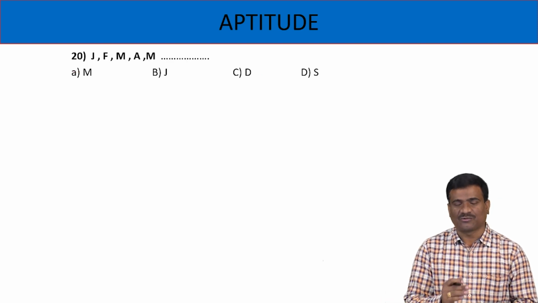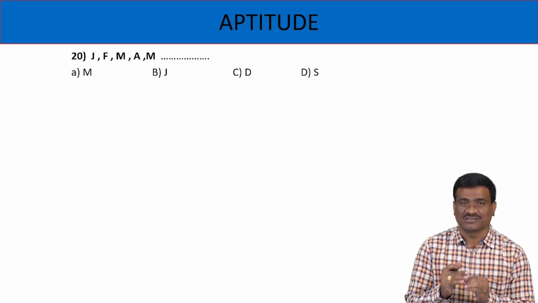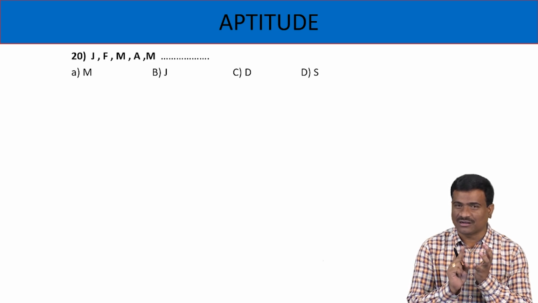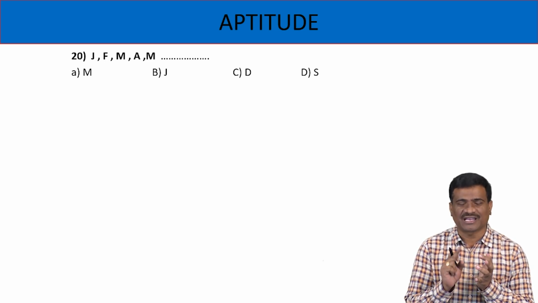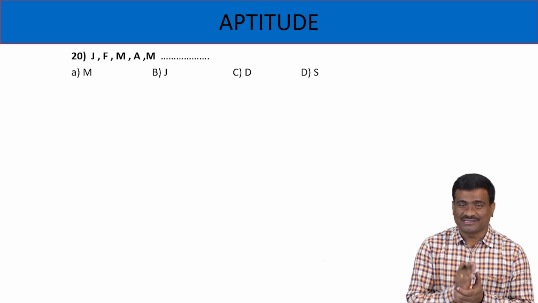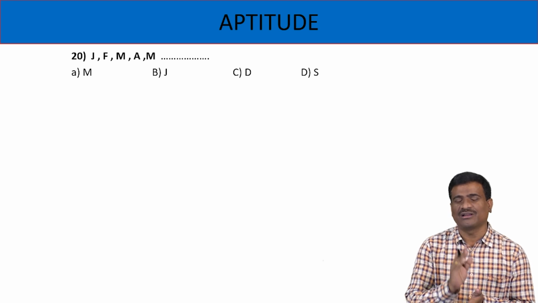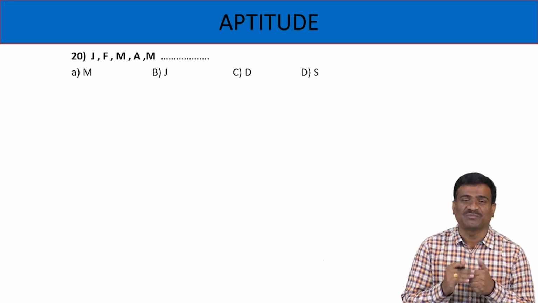Next 20, last example, letter series concept. J number 10, F number 6, M number 13, A number 1, M number 13. Next logic: first logic, difference concept. Second, multiplication concept. Verify the logic. A series is nothing but a sequence of letters, called letter series.